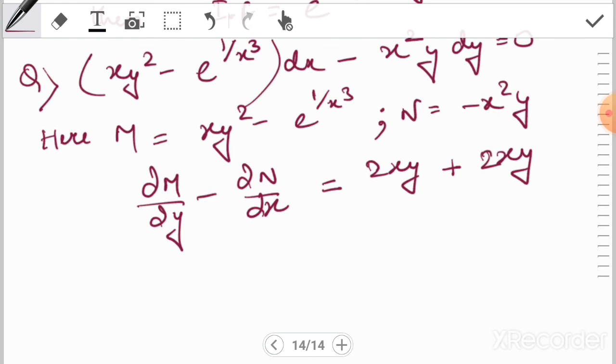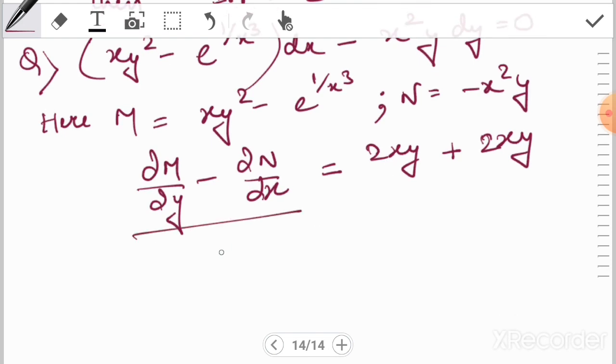Then if we divide by m, we will not get a function of x only or a function of y only. So if we divide by n, we can get a function of x only, right? Let us see. So let us divide by n, minus x square y.